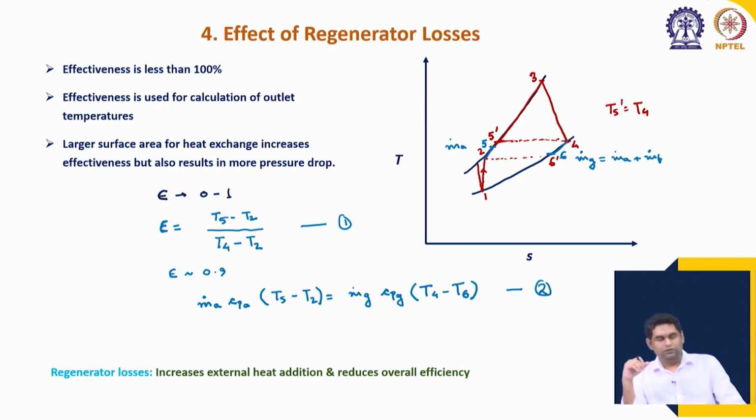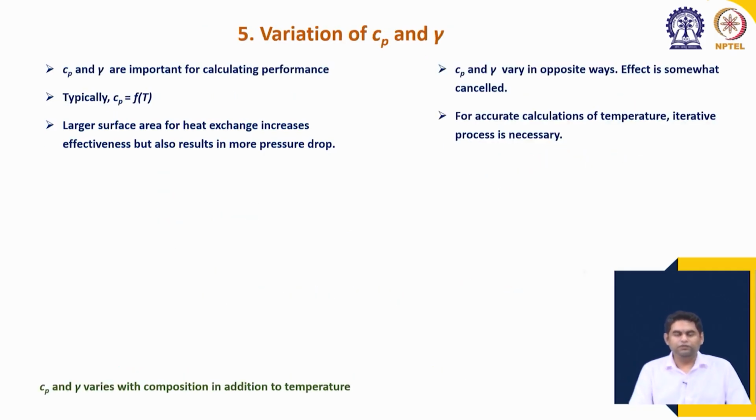Okay. So, now we proceed to the next deviation from the ideal cycle, which is due to variation of the properties of the gases. What properties of the gases? To be more specific, the thermal properties which are important in this case are the specific heat Cp and gamma, the ratio of the specific heats.